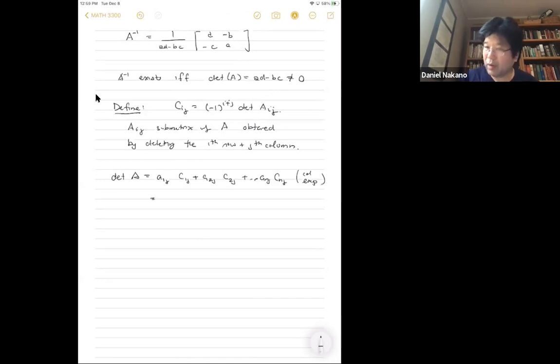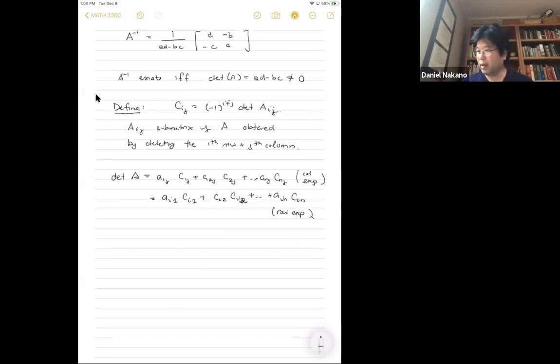And it's also equal to expanding along the rows: Ai1 Ci1 plus Ai2 Ci2 plus ... plus Ain Cin. So this is a row expansion. You can expand along any row or any column to compute the determinant.